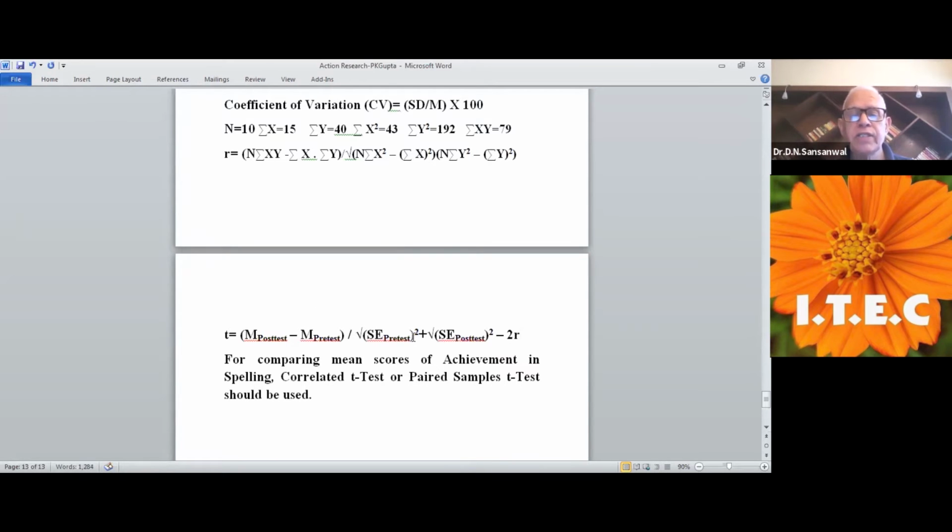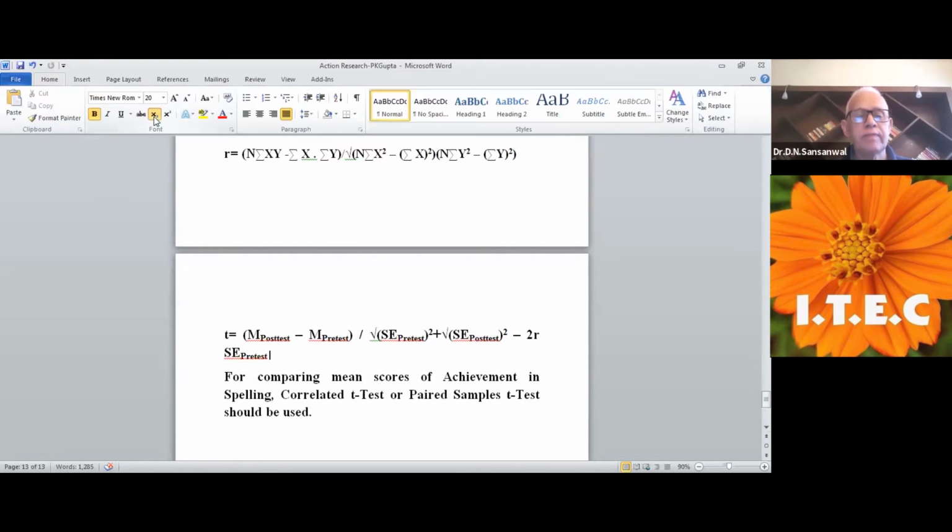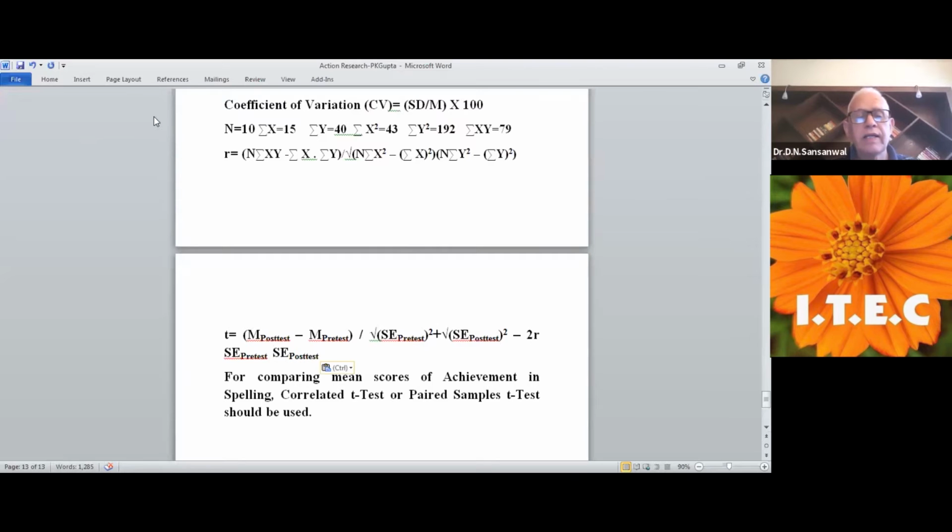Then it is SE pre, then multiplied by SE post. Now this is how you can calculate the value of t.